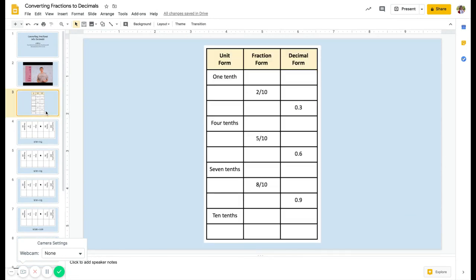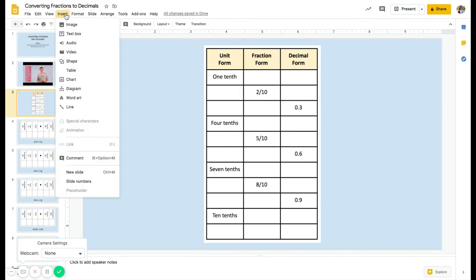Now, your job is to fill in this chart, okay? So this is kind of uniform. It's more like word form. So I want you to practice: fill in your unit or word form, fill in your fraction form, and then fill in your decimal form. So for example, the first one, we have 1/10.